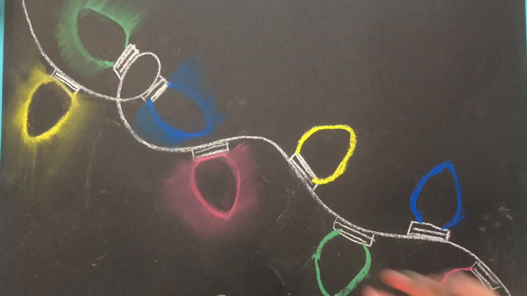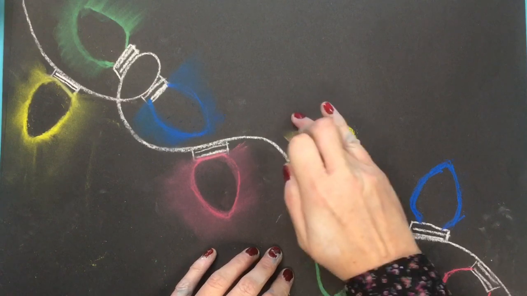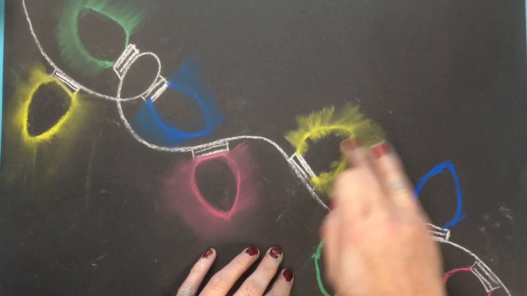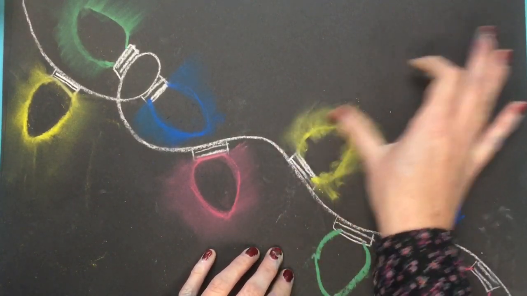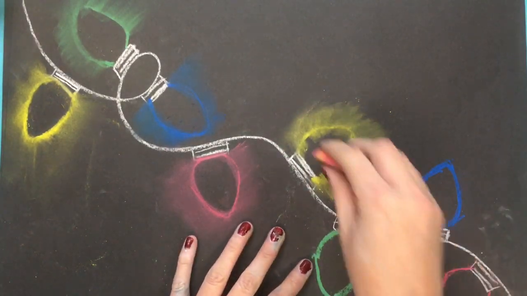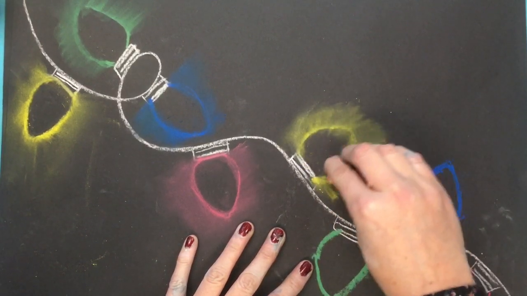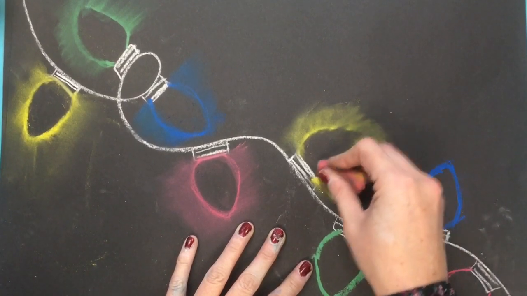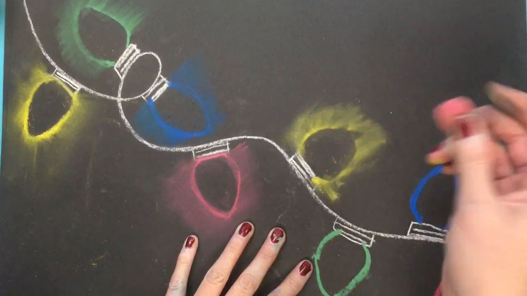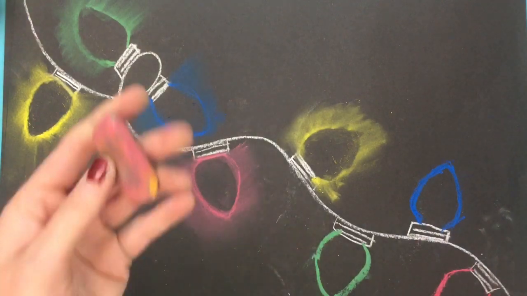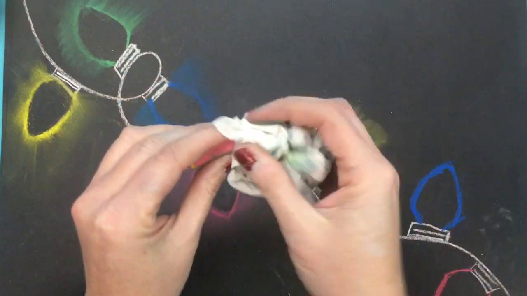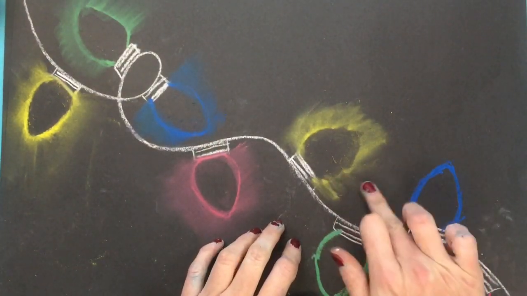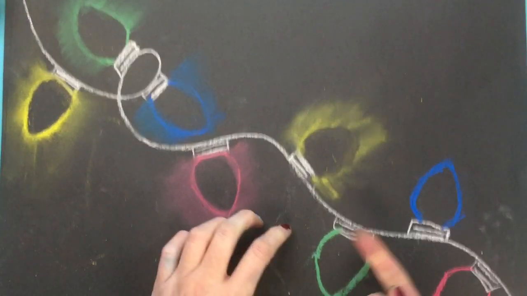Now back to yellow. Now, if you have chalk on the eraser you're using, you can always take a baby wipe and just wipe the edges off so you can keep it clean. We go down to the green.